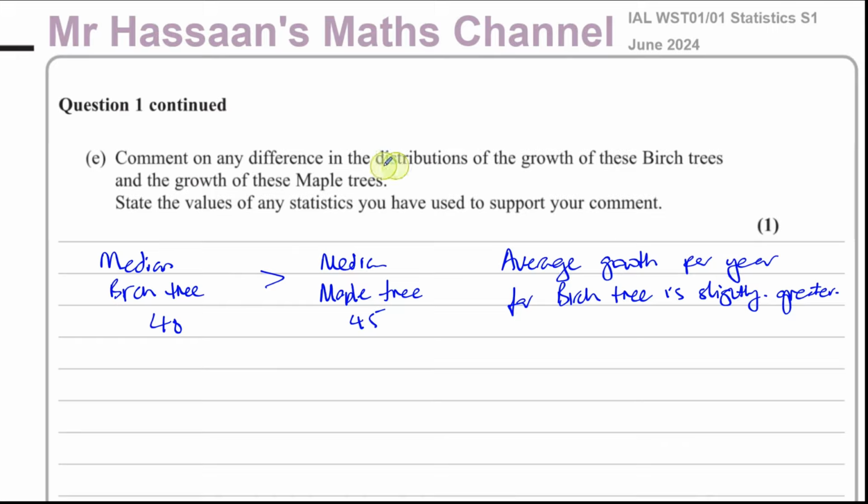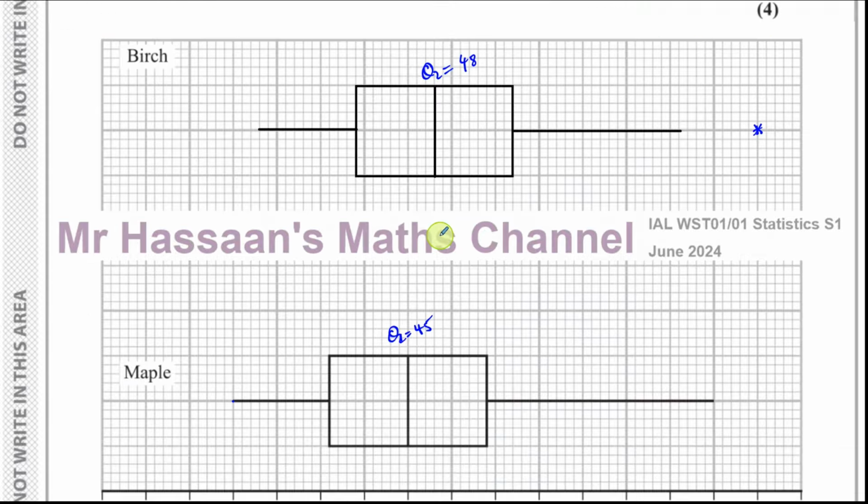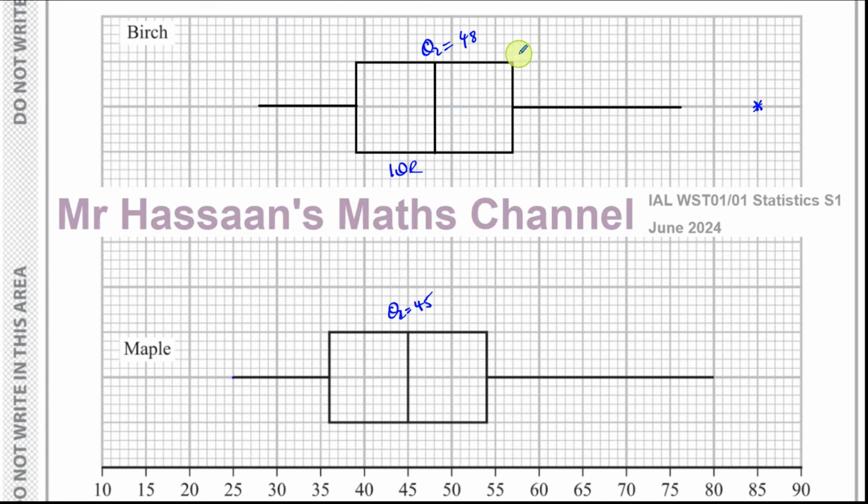On any difference in the distribution, you would get the marks if you just mentioned that one thing. The 2 things we normally compare are the position of the median and also the interquartile range. For the birch tree, the interquartile range is from 57 down to 39, so 57 minus 39, which is 18.